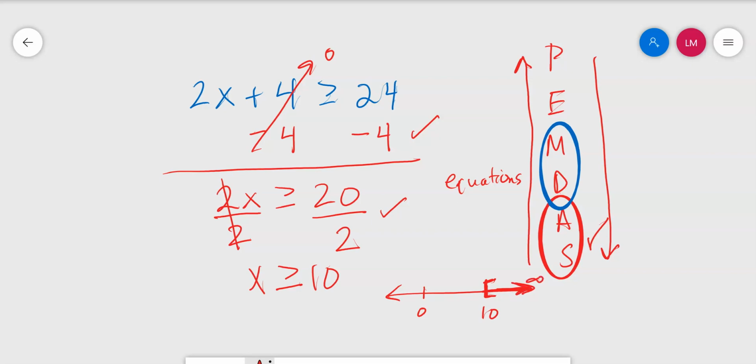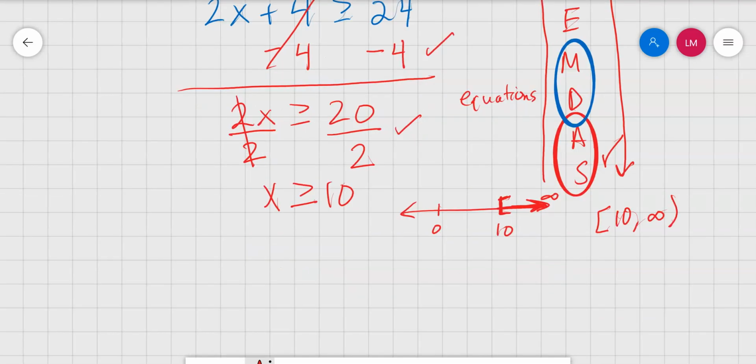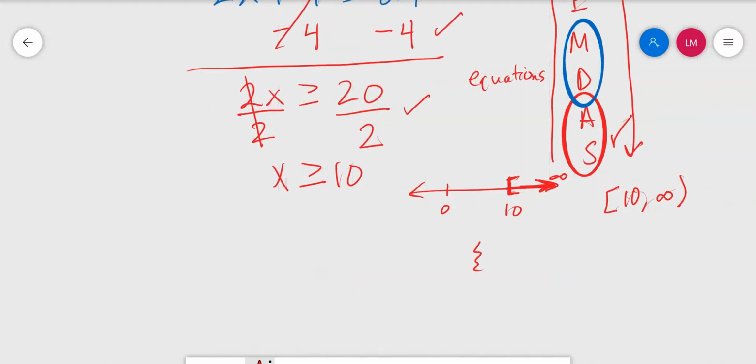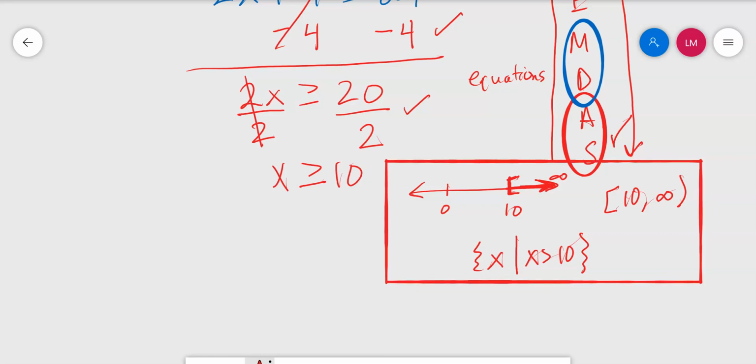So there's the graph. For the interval notation, it's bracket 10, comma, infinity, parenthesis. There's your interval notation. For the set builder, it's x such that x is greater than or equal to 10. Okay, so there's all three of those things we need to be able to do for the solution.